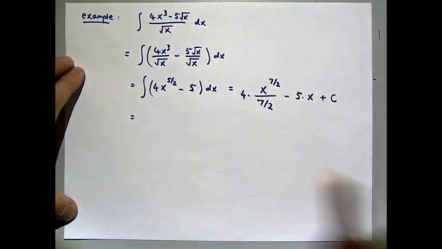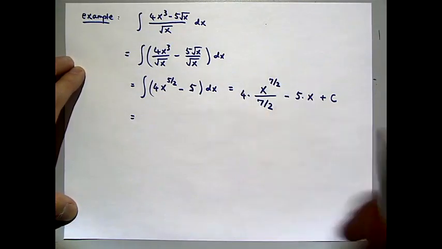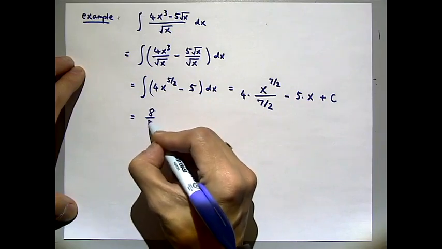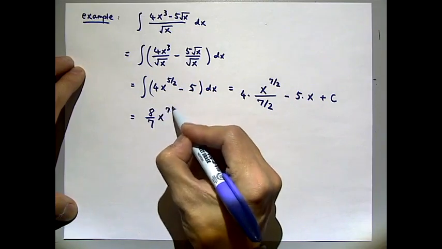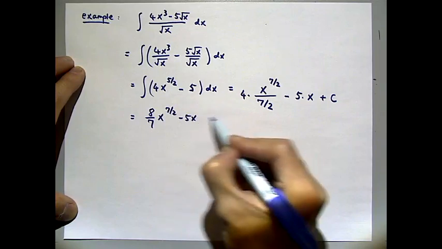And now what do we get? We get 4 times the reciprocal of that. That's 8 over 7. x to the 7 over 2 minus 5x plus c.